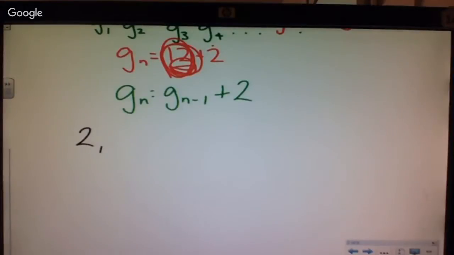She's a mathematician. 2, 3, let's do 5, 6, 8, 9.